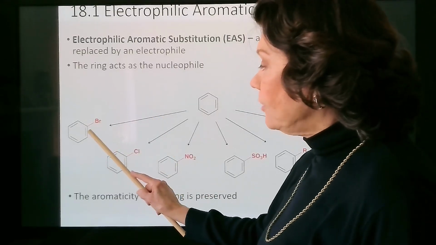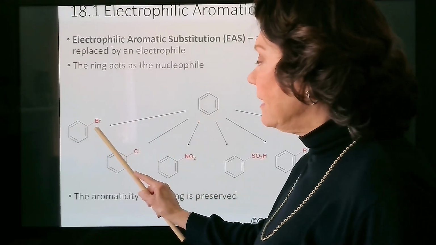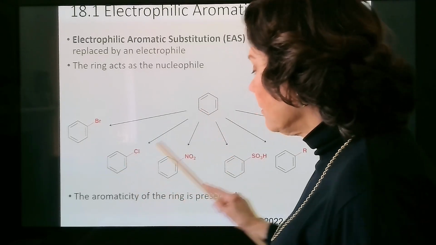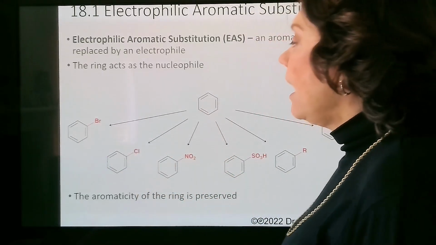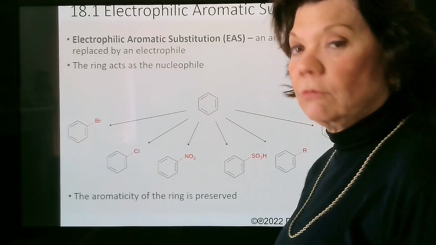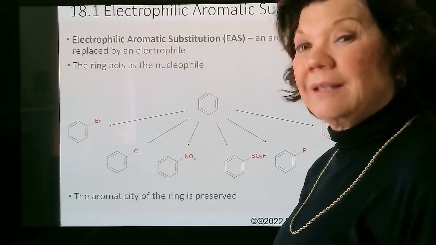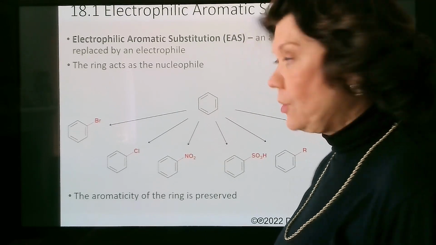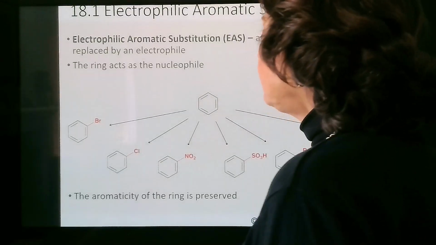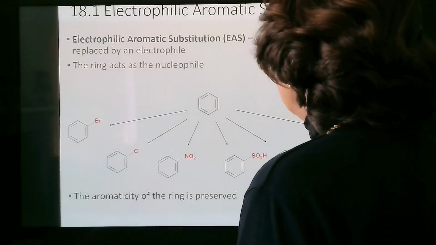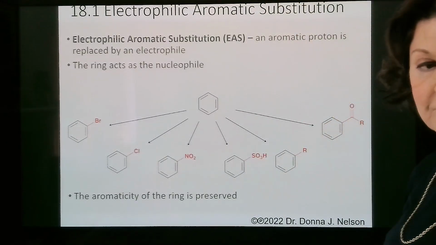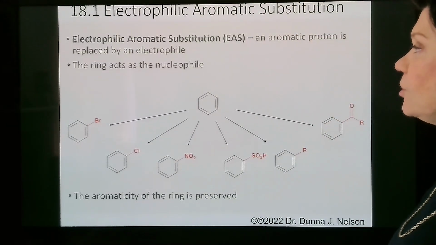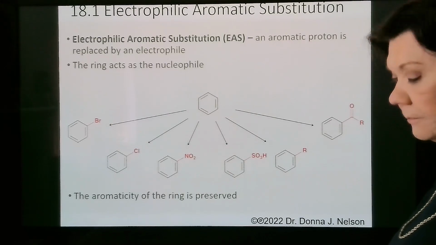You'll have to learn the reagent to affect this reaction, the reagent here, etc. And you will have to learn the electrophile that is provided by that reagent. And so let's start looking at some of these reactions.